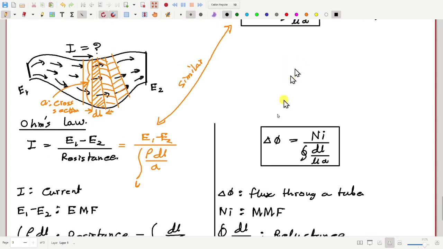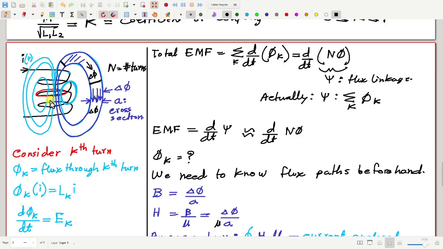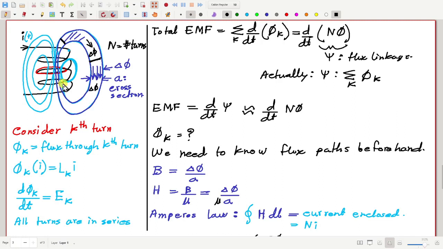Now let us go back to the original situation here. Originally we wanted to find out the inductance of this coil, and for that we need to know the flux going through each of these turns.